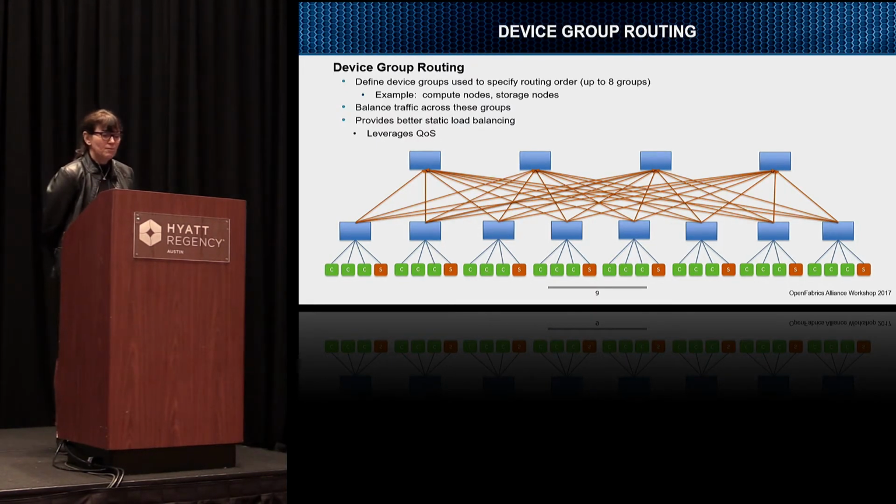So by defining a routing order and defining device groups, we can fix that problem by, for instance, putting all of the compute in a device group, all the storage in a device group, and then routing over them separately. That ensures path diversity, and it leverages the quality of service.